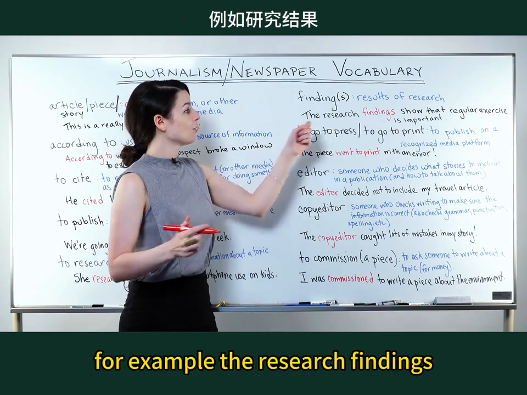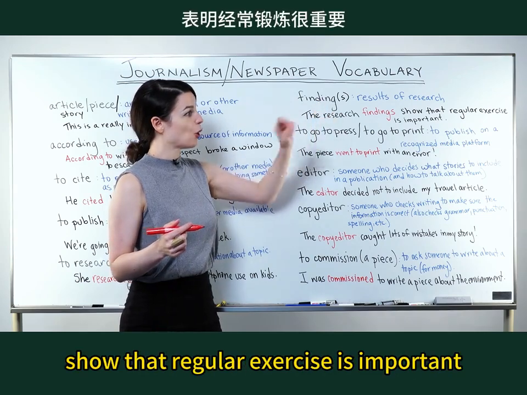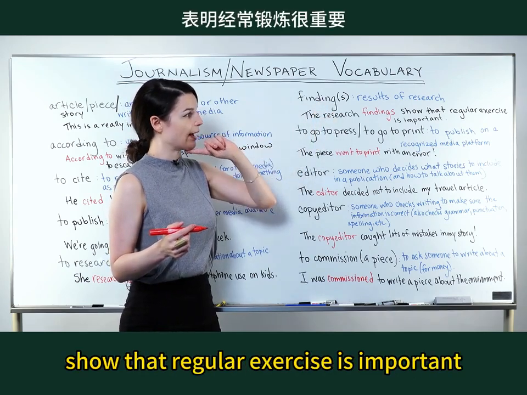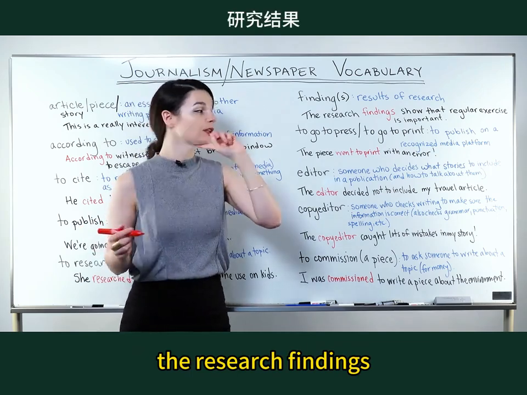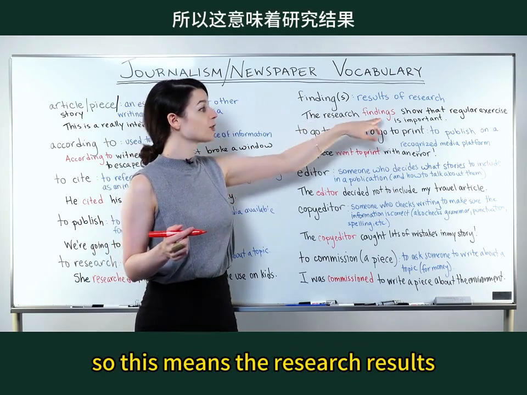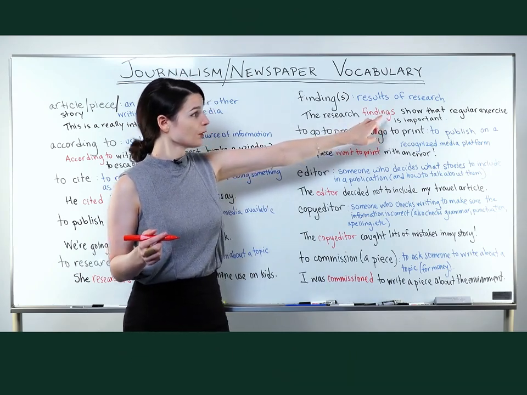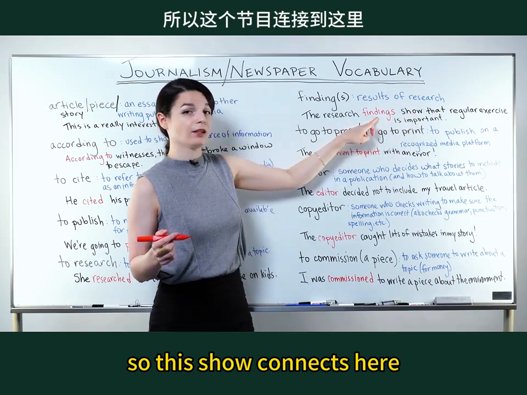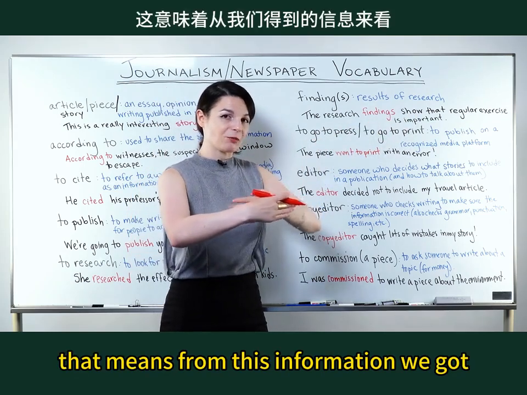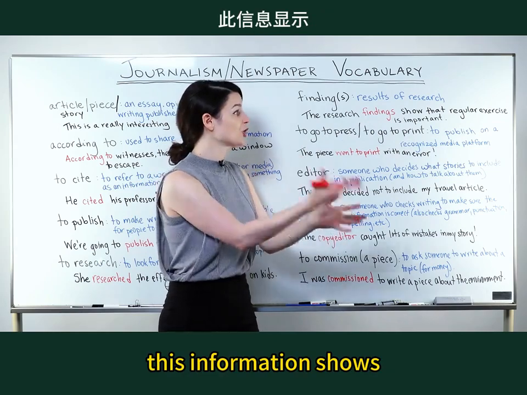For example, the research findings show that regular exercise is important. The research findings. So this means the research results. That's all it means. The research results show. So this show connects here. That means from this information we got, this information shows.